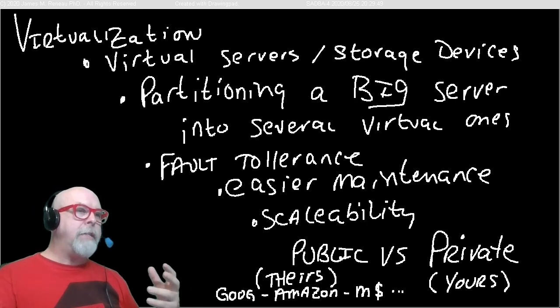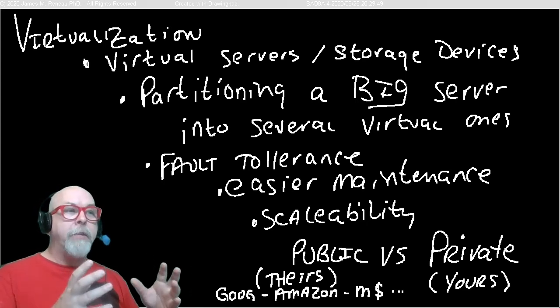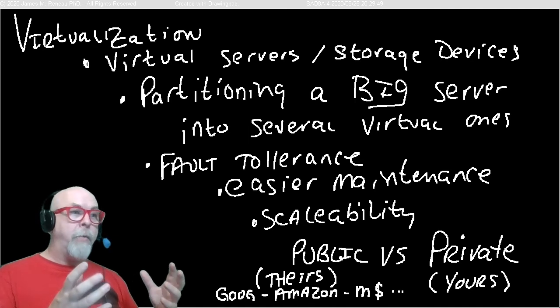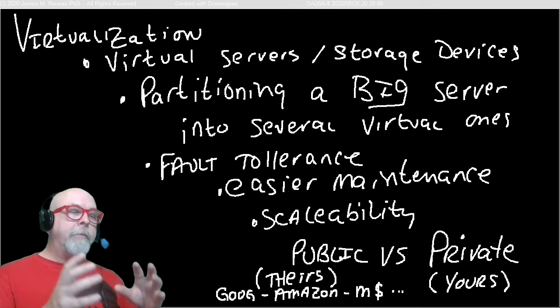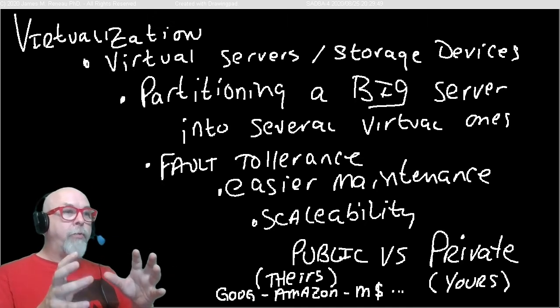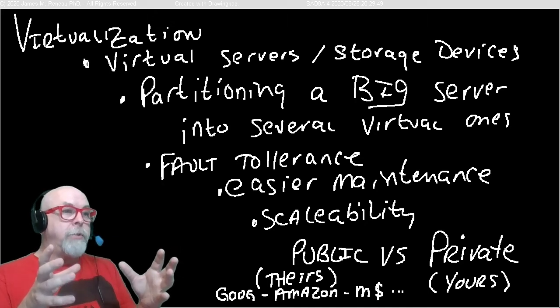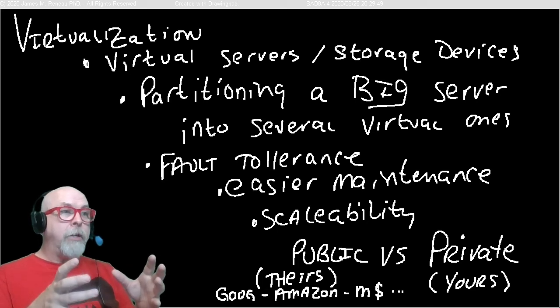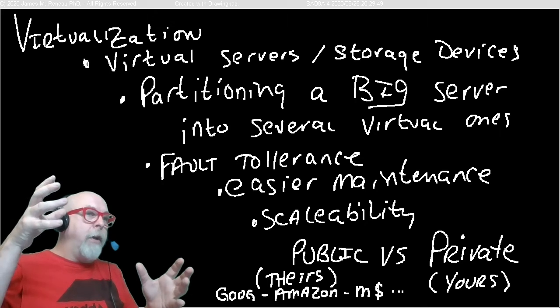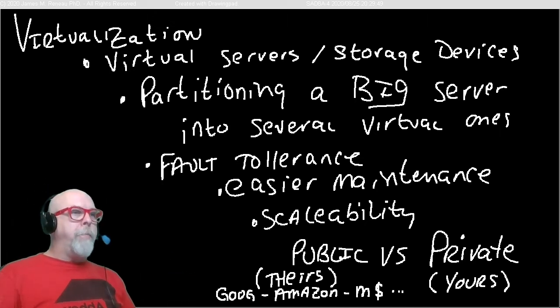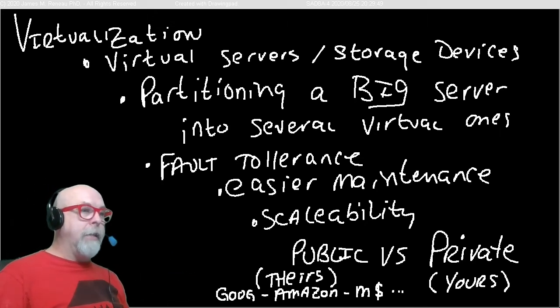Virtualization also is kind of a way that we can handle this hardware networking thing. Virtual servers are basically little servers that run on top of big servers. So a virtualization would be where you have multiple little servers running on top of one giant server, where you partition a big server into little ones.